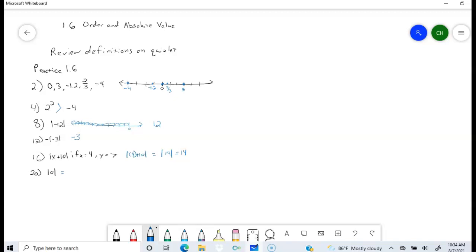Okay, well, because 0 is 0 units away from 0 on a number line. All right. That's it.